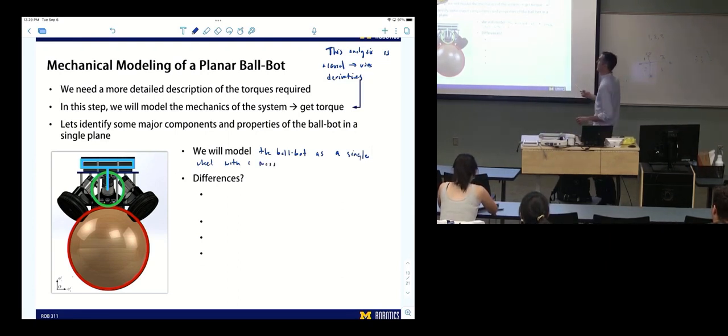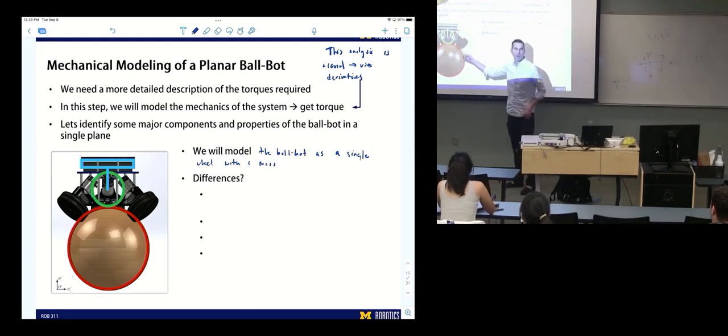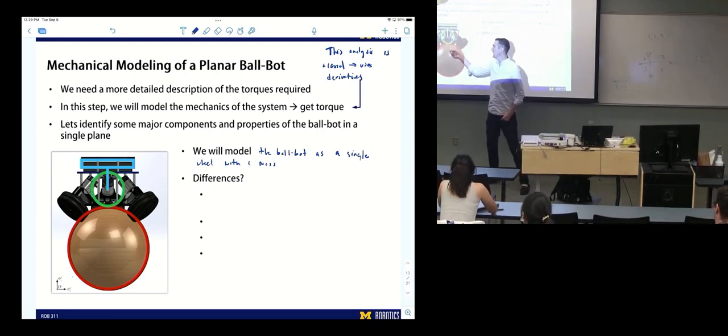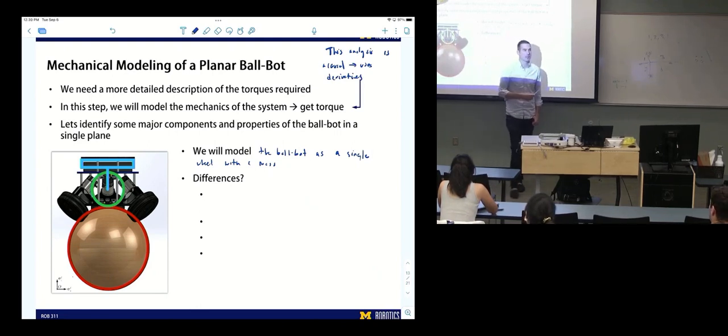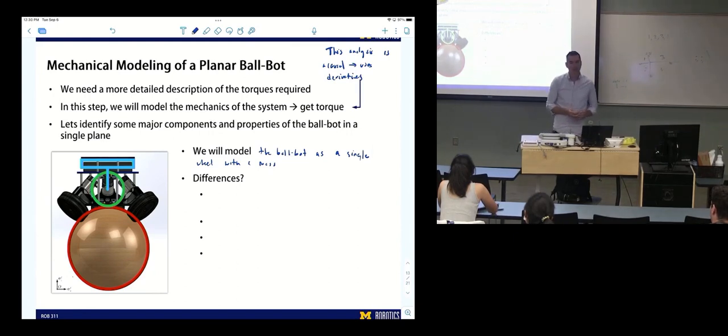So our ballbot looks something like what's in the CAD background here. We're going to model it as a basketball with a wheel sitting on top and a mass attached to it at some distance. So very different than our three-dimensional version.